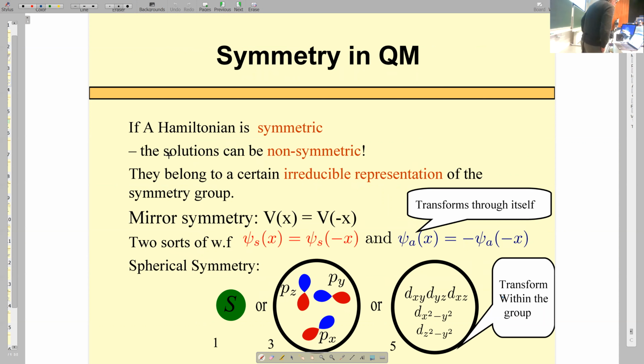I didn't put it on the transparency explicitly. Let me tell it explicitly. If the particles are identical, the Hamiltonian is symmetric.